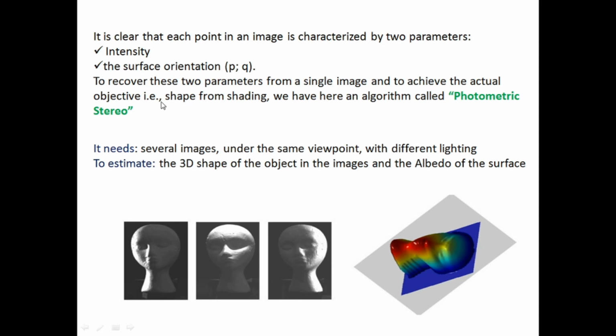Now to recover these two parameters, intensity as well as the surface orientation, why do I require these two parameters? Because what is my objective? The objective is nothing but shape from shading. So to recover these two parameters from a single image and to achieve the actual objective, that is shape from shading, we use here a concept called photometric stereo.